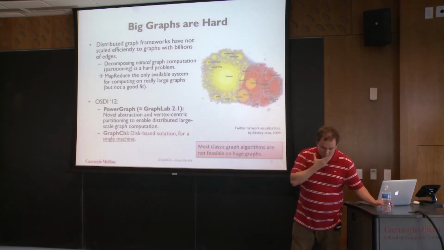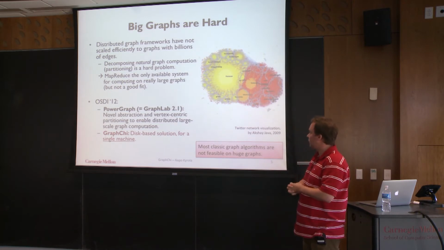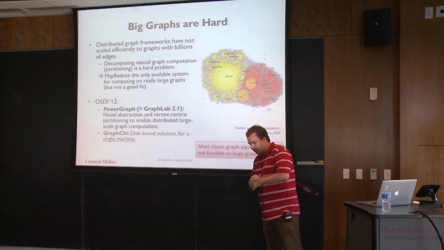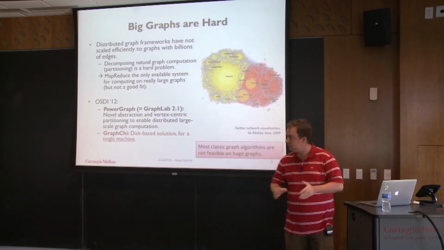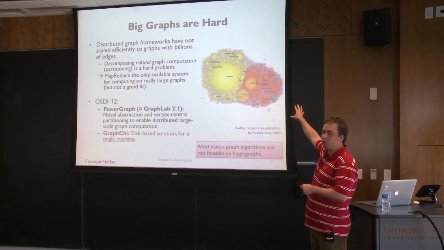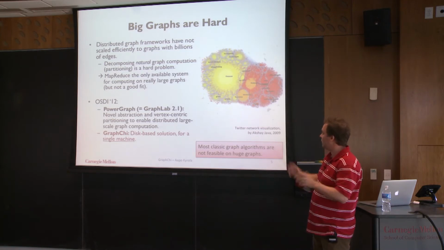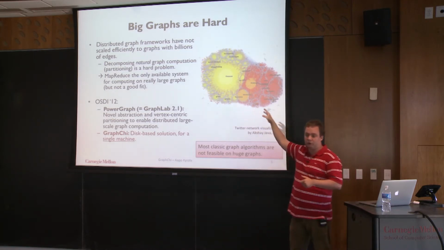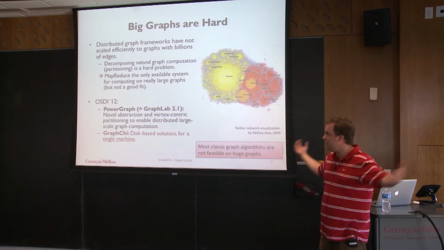But computing on these big graphs has proven to be quite hard. To cut it short, I think the main problem is that, especially on these natural graphs, like we see in Facebook or social graphs or the web graph, they have highly asymmetric structures. So you have some nodes which have millions of connections.